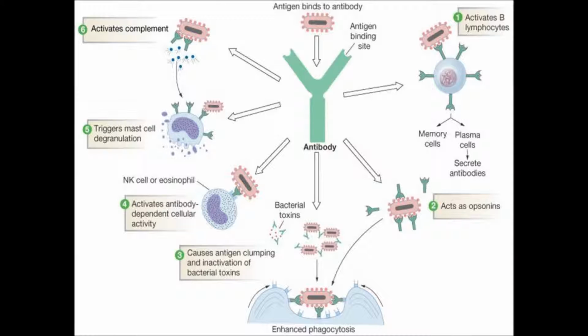Inside the cell, there's a whole signaling cascade, and you have a whole lot of transcription factors that get activated, and those transcription factors activate the genes that make the antibodies. Right? So all of a sudden, these transcription factors switch on antibody production big time.